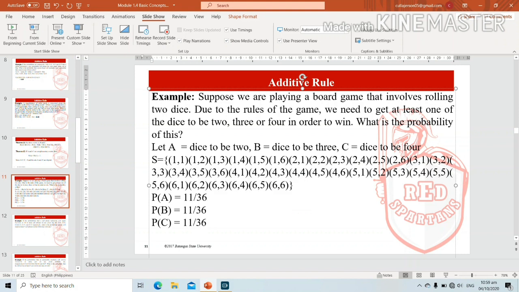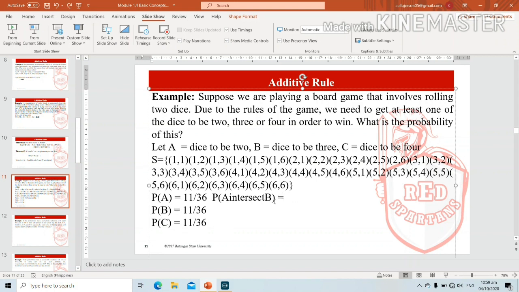Then, kunin natin yung intersection. Probability na ang lalabas ay A intersect B. Ano ba ang A natin? 2. Ang B, 3. Ano yung may 2, 3? 2, 3 at saka 3, 2. Kaya siya ay 2 over sa 36.